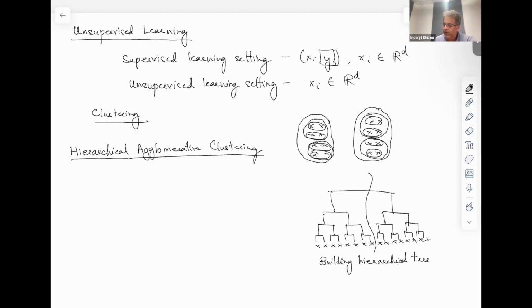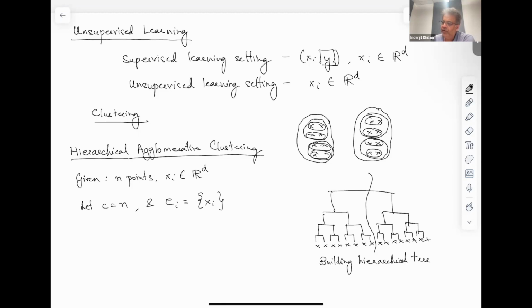How would we write the algorithm for this? First, what we are given is n points, and remember, each of them is d-dimensional, Xi belongs to R^d. The number of clusters we initialize to n. Each point is its own cluster, and Ci is the ith cluster.